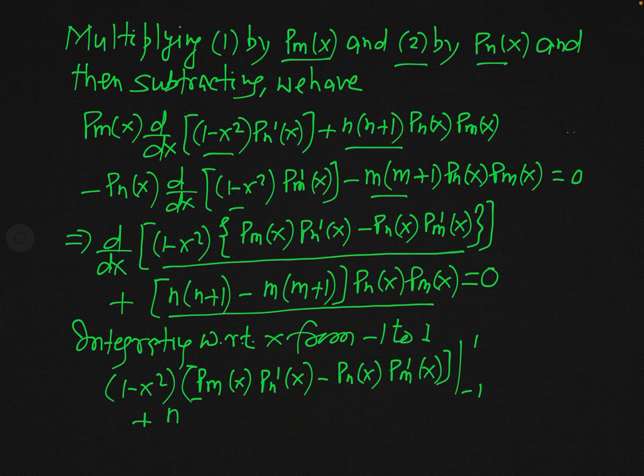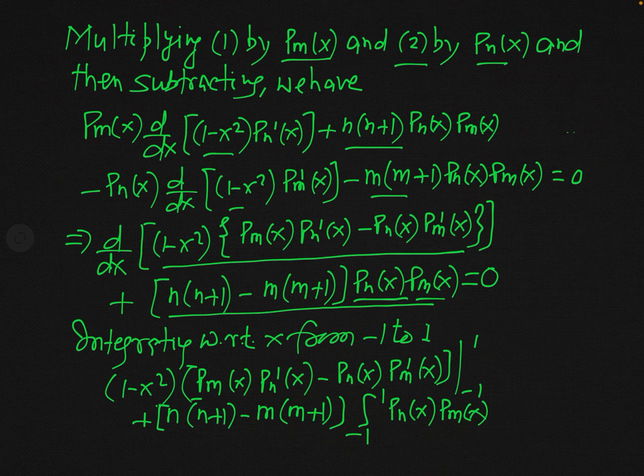So this is n into n plus 1 minus m into m plus 1, and inside the integral, from minus 1 to plus 1, will be the factor Pn of x into Pm of x, as they are functions of x. So this is Pn of x times Pm of x dx.